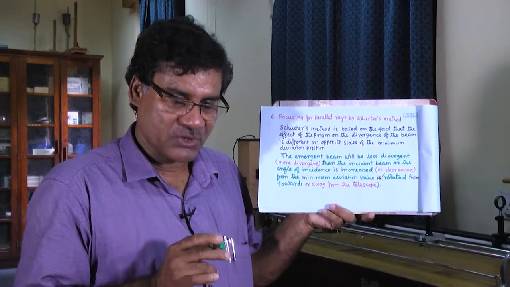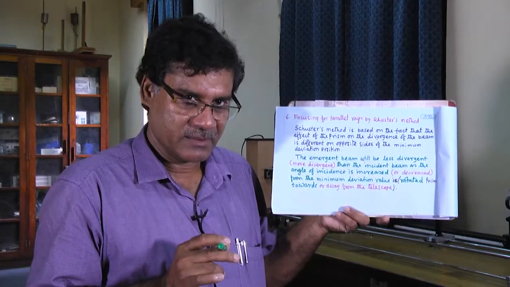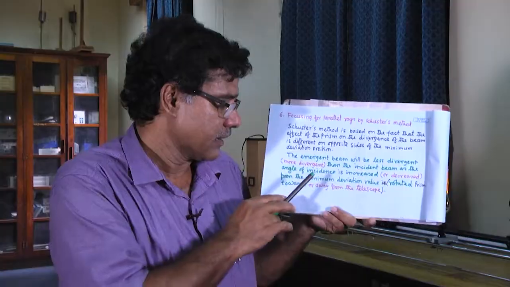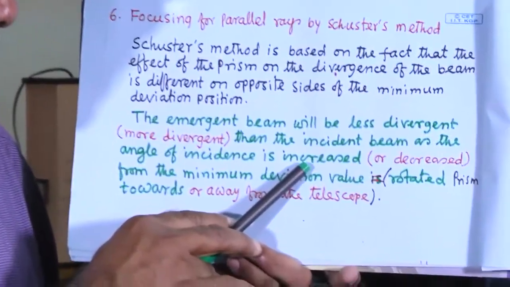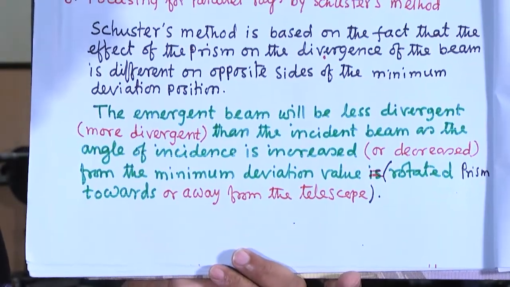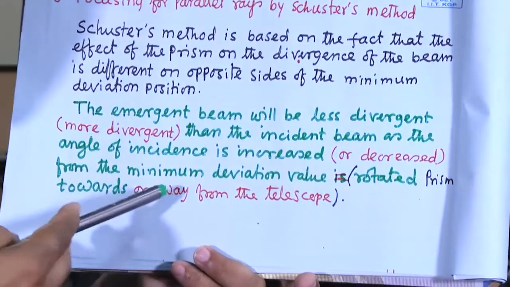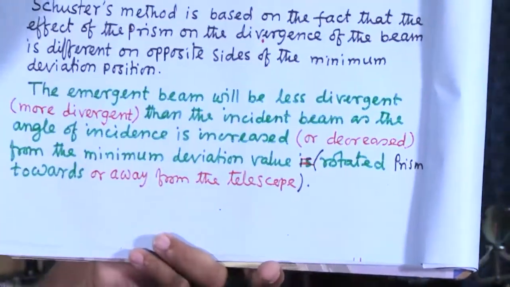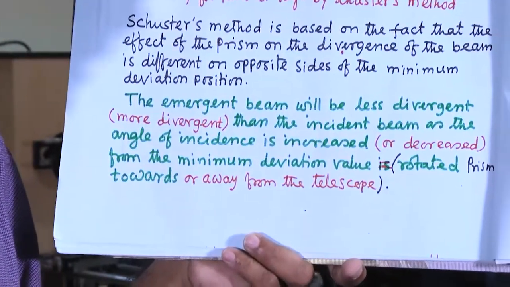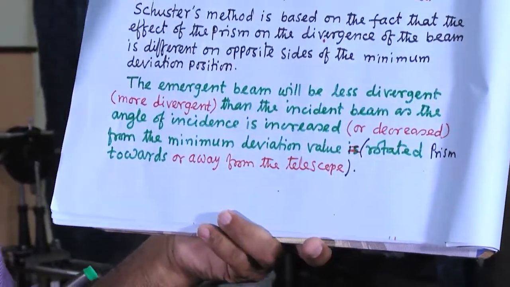Now, from that position, if you increase the incident angle, then the divergence of the beam will decrease, and if you decrease the incident angle from the minimum deviation position, then the divergence will be more.